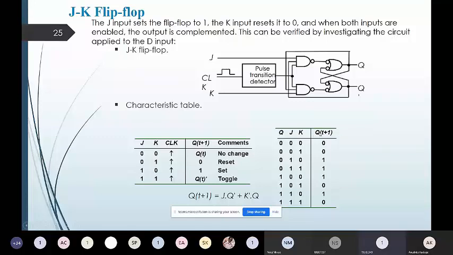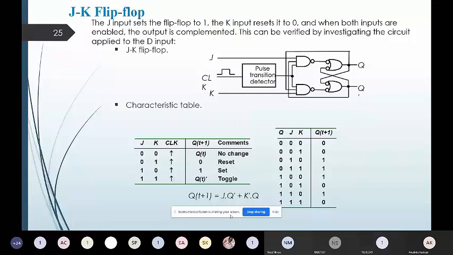And that characteristic equation from the K-map of this table will be obtained as Q of t plus 1 is equal to J Q dash plus K dash Q. For that, the 3 variable K-map has to be represented and the simplification of that K-map done for this characteristic table that we have presented over here.